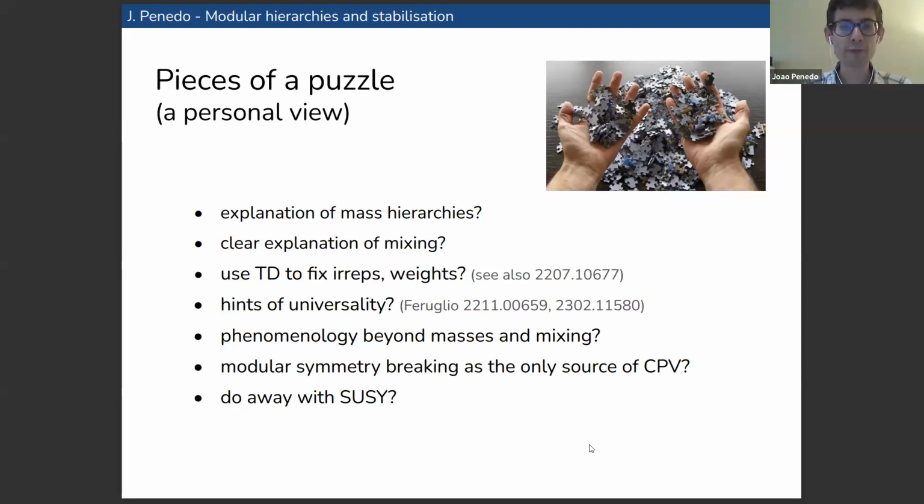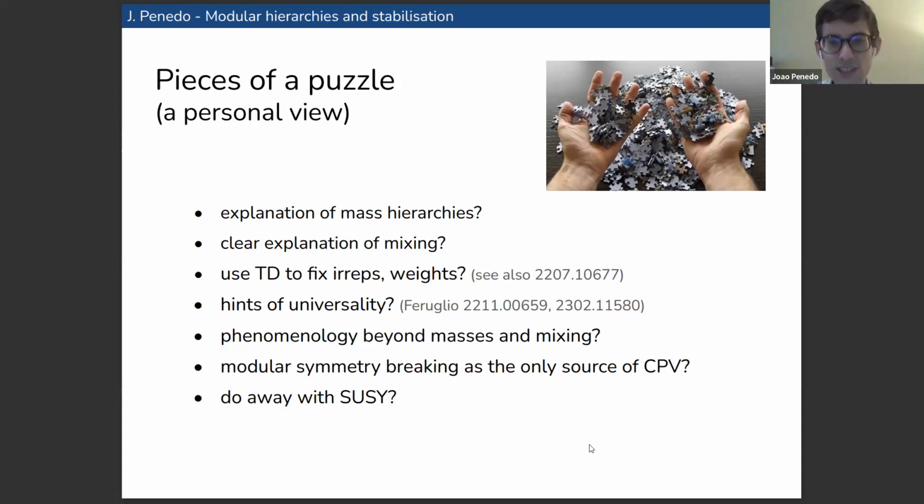If you don't, okay, this is a kind of personal view. Now, from the top down, we could try to find some way to fix the freedom in this setup, because you may notice, you have a lot of freedom. You can choose the weights of your fields. You can choose the representations under the finite groups. So it would be nice to also have some hints to fix these quantities and these choices. It would be nice to have some universal predictions of these scenarios.